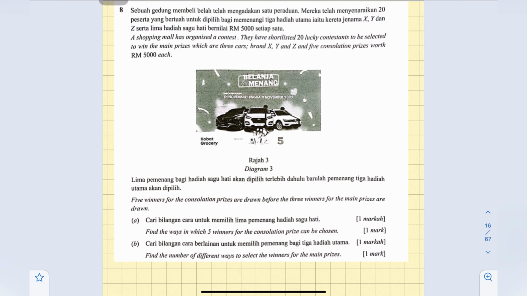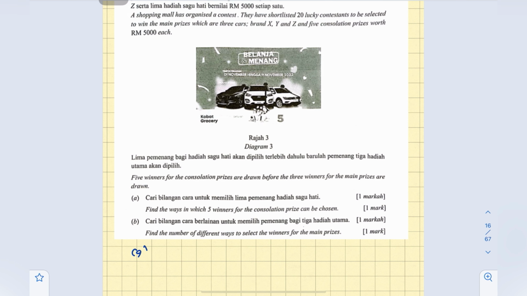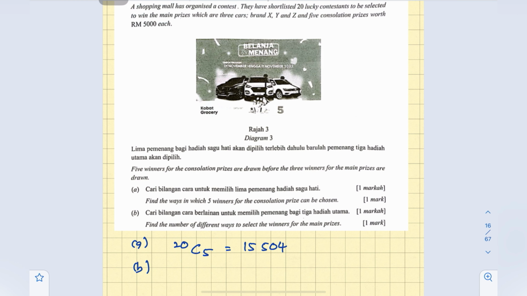Okay, so given there are 20 contestants, we want to choose 5 for the consolation prize. So for (a), 20C5, which equals 15,504 ways. Okay, for (b), find the number of different ways to select the winners for the main prizes.